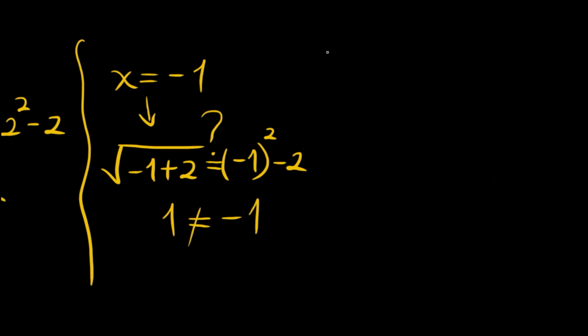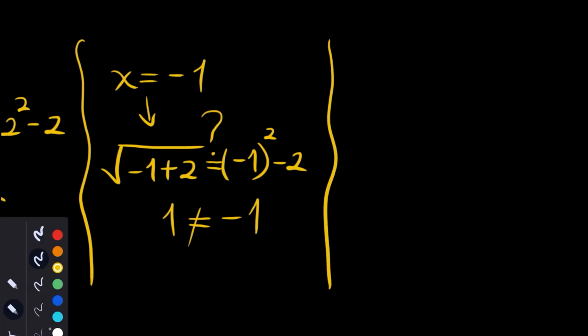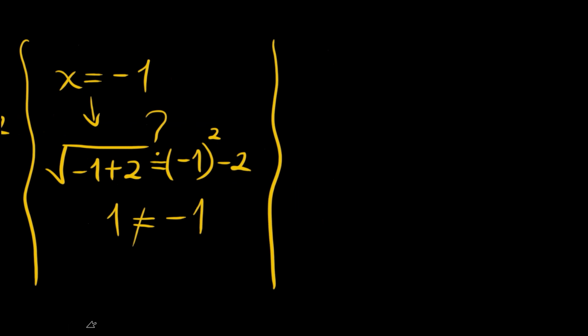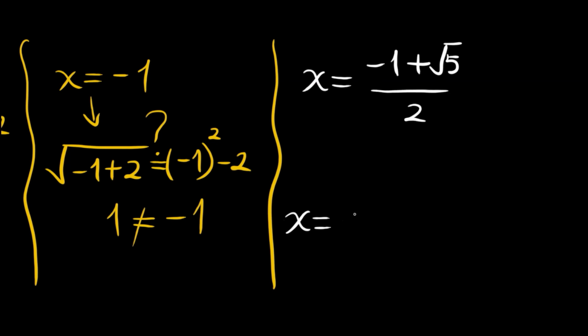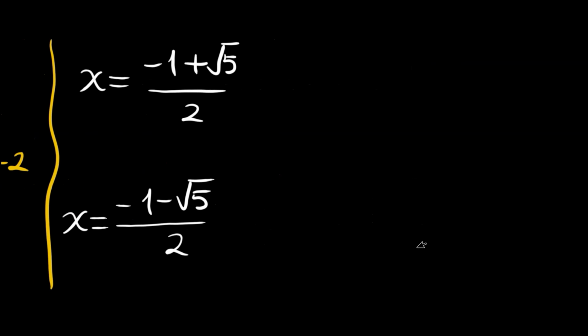How to check our irrational roots? We have x is equal to (-1 plus root 5) divided by 2, and x is equal to (-1 minus root 5) divided by 2. If you check, one of these satisfies our equation, it should be the first one, I guess.